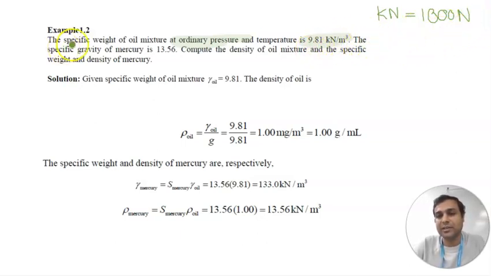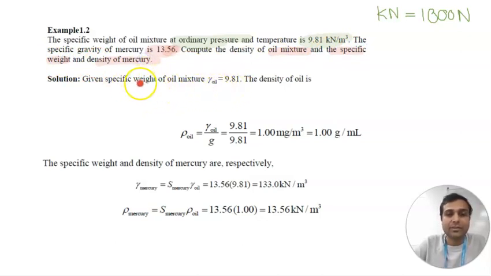The specific gravity of mercury is given as 13.56, which means it is more than 13 times heavier than water. Compute the density of the oil mixture, and the specific weight and the density of the mercury.